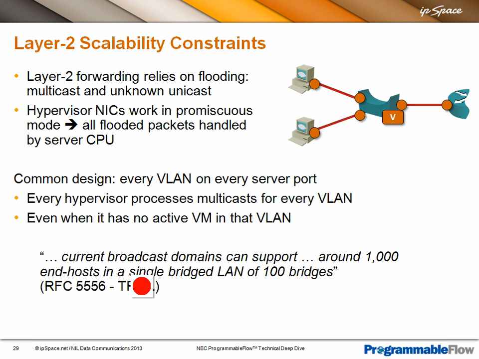They're saying, well, honestly, the current broadcast domains can support around 1,000 end hosts in an environment of around 100 bridges. This is straight from the Trill RFC. And if you have every VLAN on every server port, because of the amount of broadcast you're generating, you're actually talking about 1,000 VMs. So we definitely need some scalability tools.